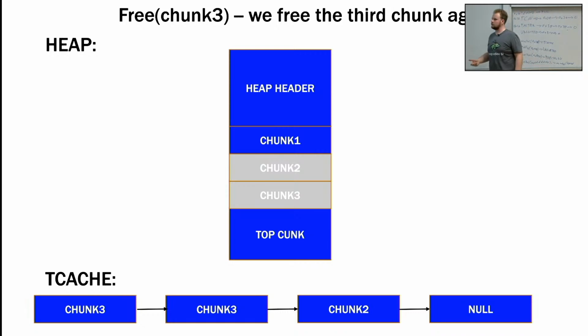That can happen in loops and everything. So the scenario is we freed the second chunk and the third chunk twice. And so the Tcache looks like this. What's the problem here, just from what we learned today? Do you think that this is the intended behavior of the Tcache list?